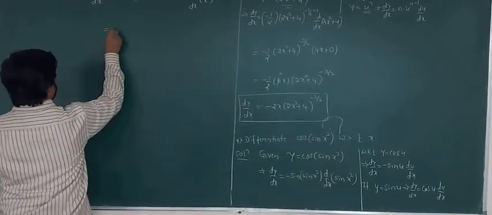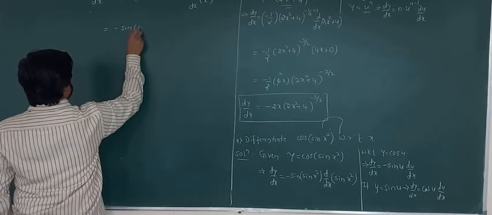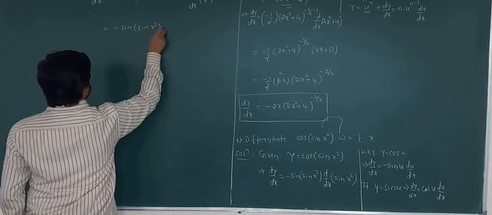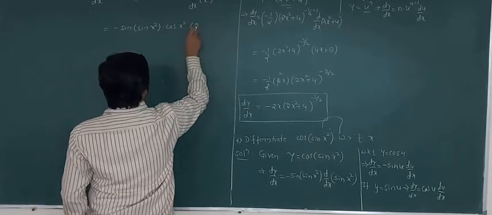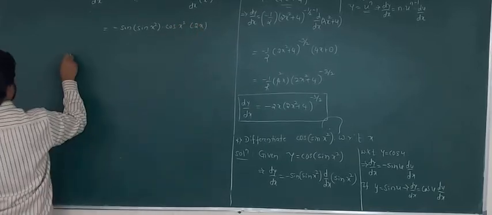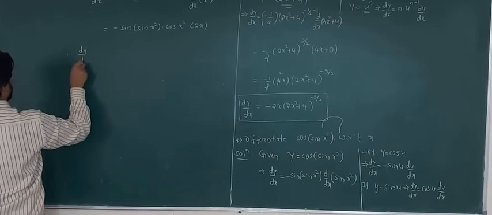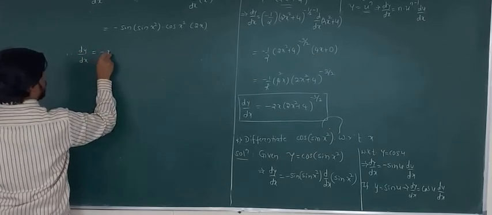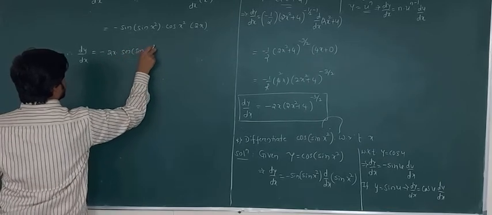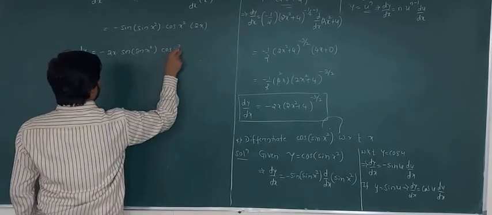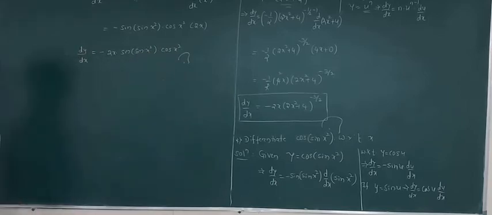This implies minus sin of sin x square into cos x square into differentiation of x square is 2x. So therefore dy by dx is equal to minus 2x into sin of sin x square into cos x square. This is our solution. Note it down.